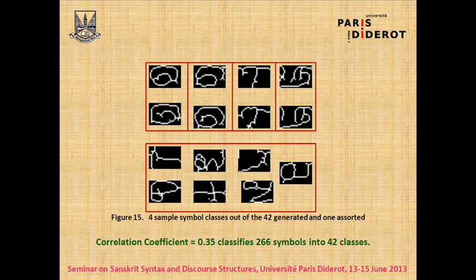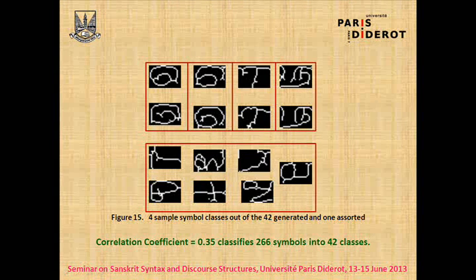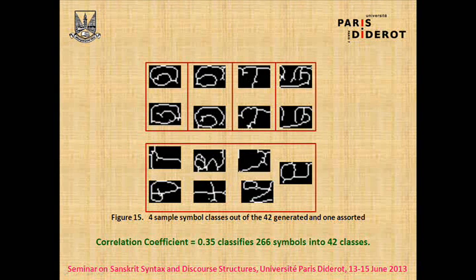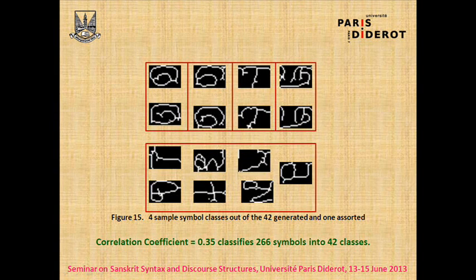Skeletonized images are then normalized in terms of their size, and a similarity measure based on the correlation coefficient is applied to classify the symbols in groups. A sample classification is displayed in figure 12 here. In a test, we found 266 symbols of Granth folio partitioned into 42 classes when the correlation coefficient was set to 0.35.